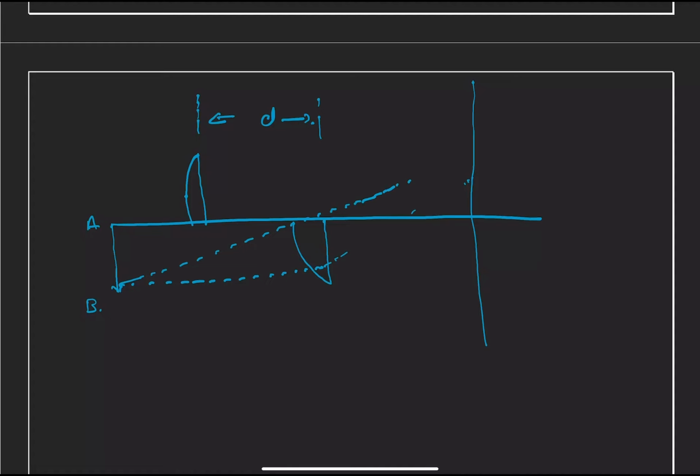It will go straight and show a little bit of bend. Let us call this lens L2, and it will form an image of B2. This will be our image because of the lens L2.